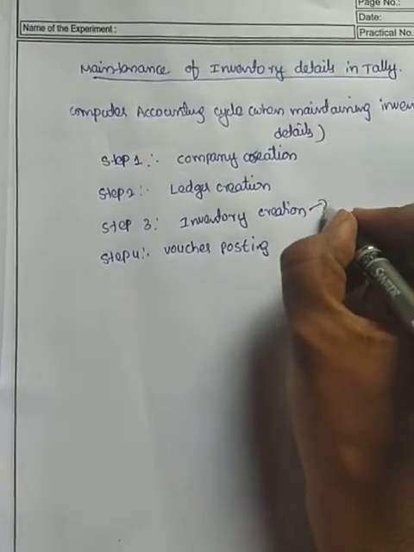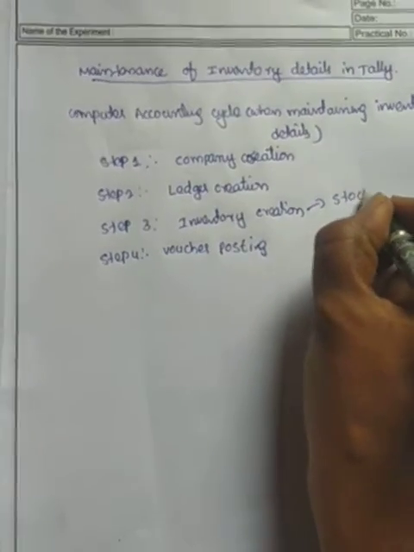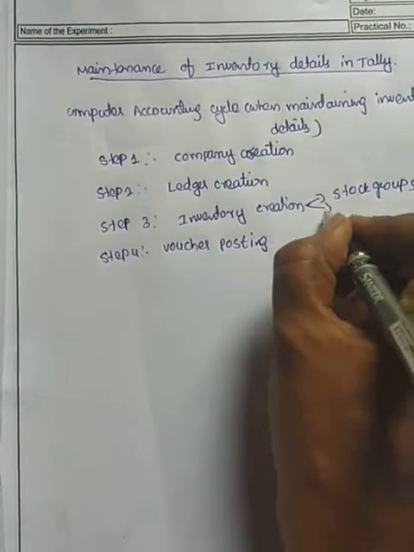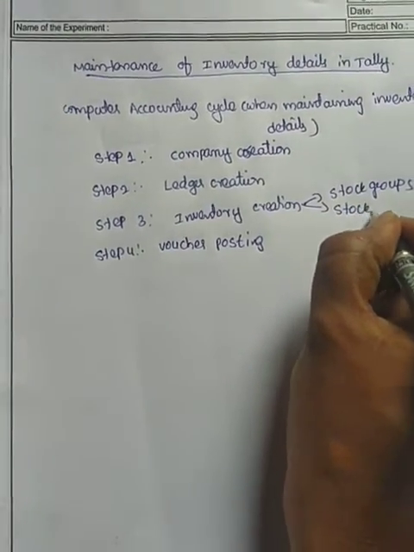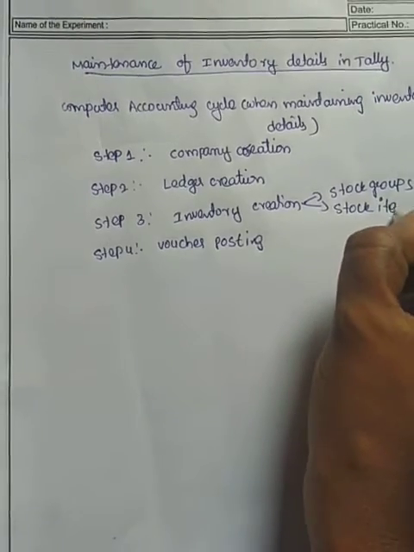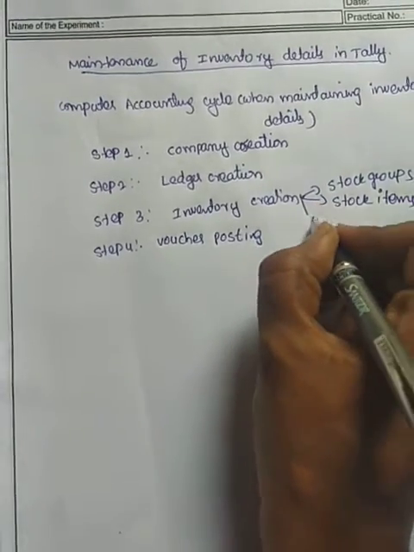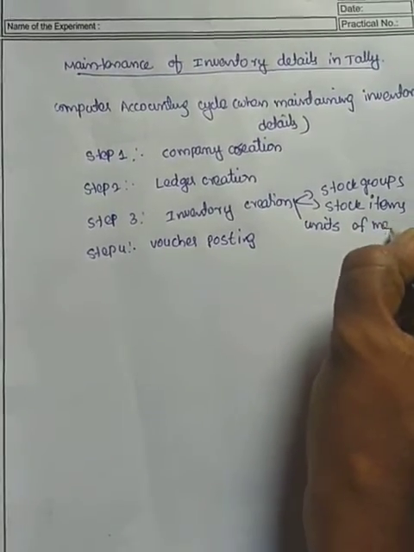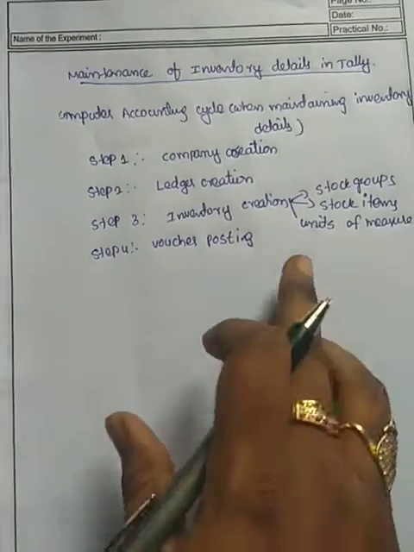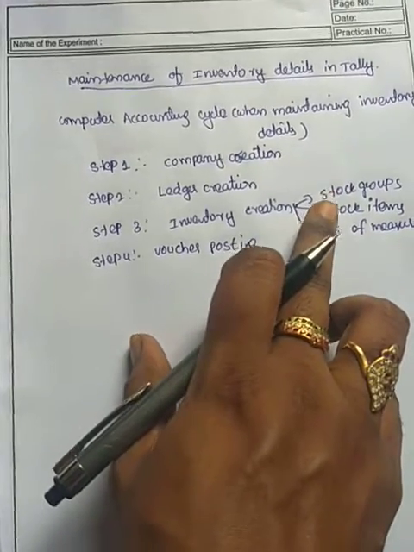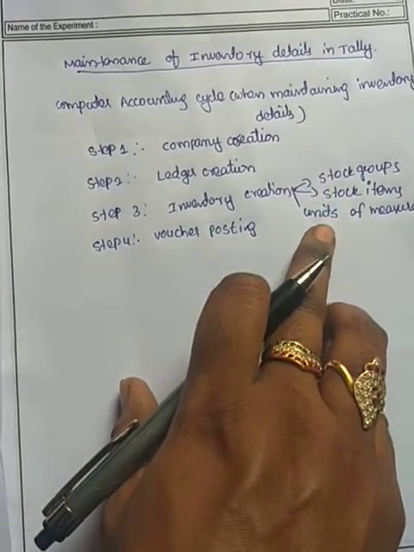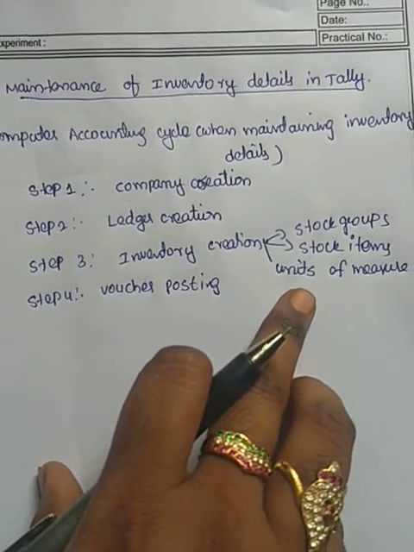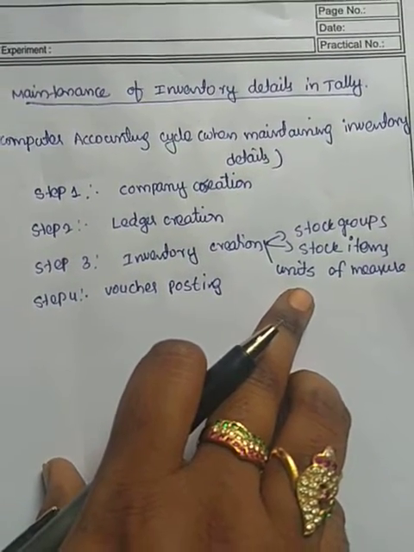Inventory creation means stock groups, stock items, units of measure. We have to create these three: stock groups, stock items, and units of measure.